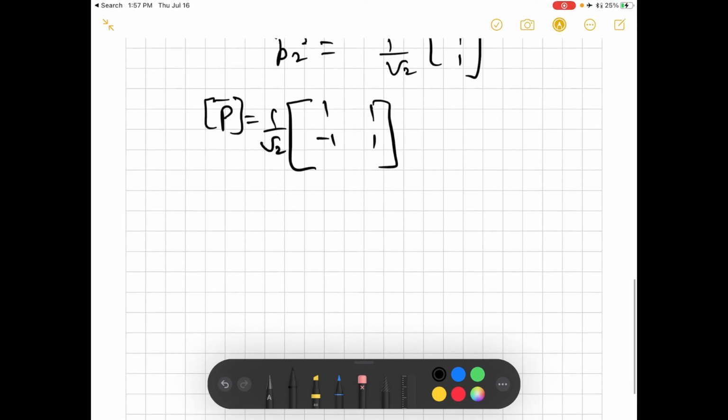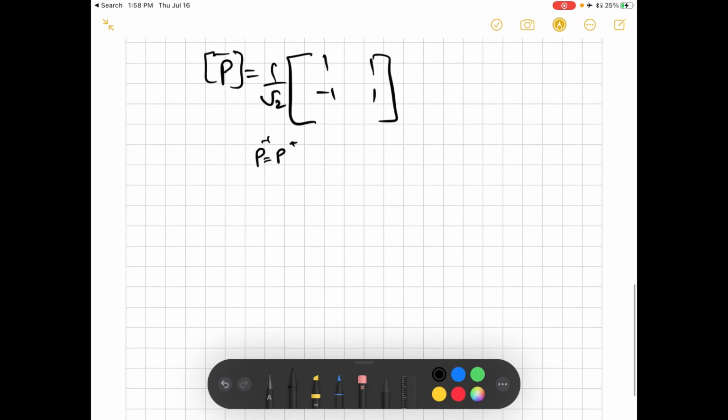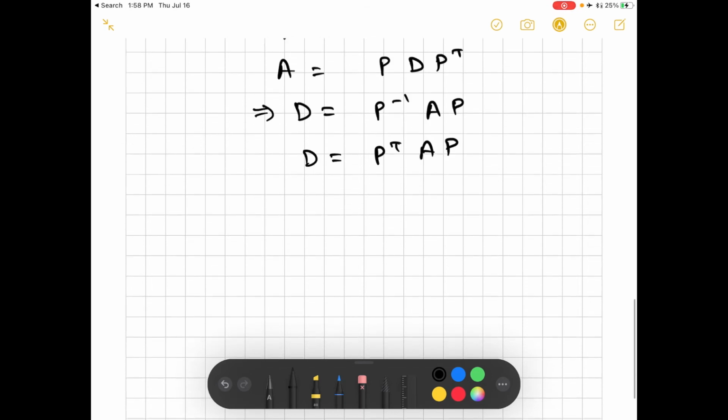And hence, since P is orthogonal, P inverse equals P transpose, and we can write A as P D P inverse, or A equal to P D P transpose, which implies D can be written as P inverse A P, or D equal to P transpose A P.